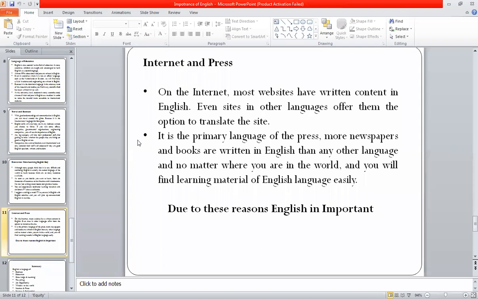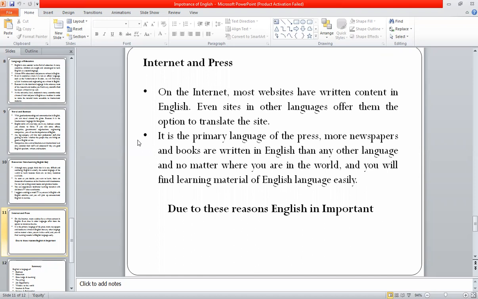So that's why it is called the language of press. More newspapers and books are written in English than any other language. So you can find there are many books and newspapers written in this English language, and no other language is used for writing purpose.